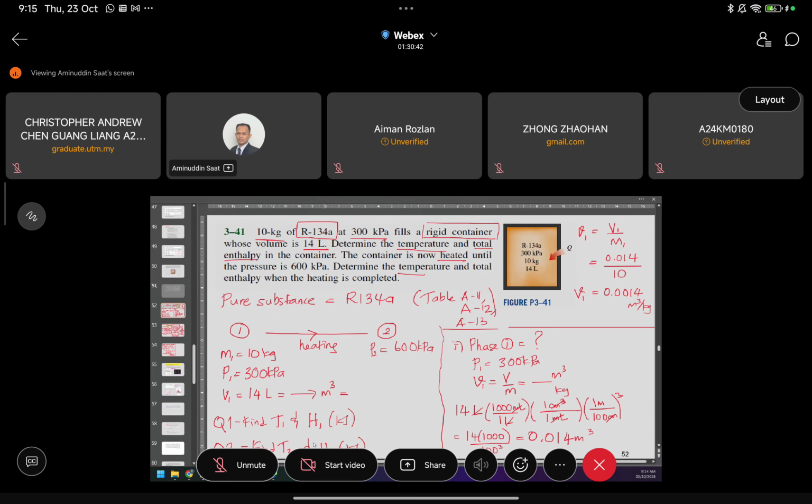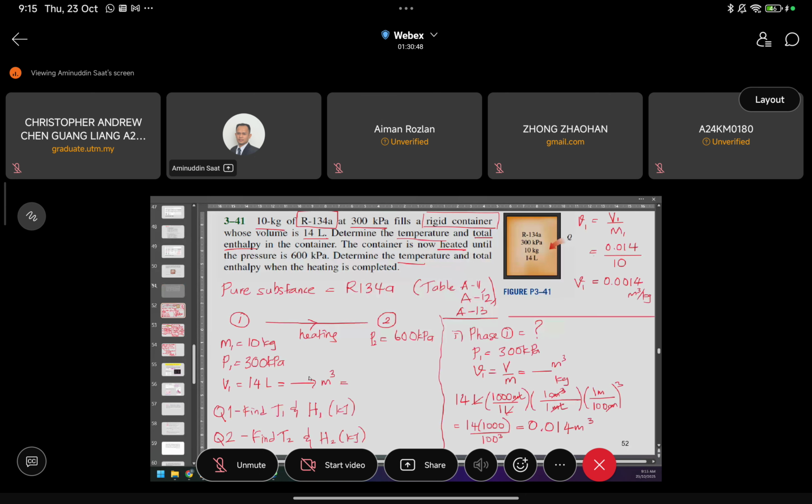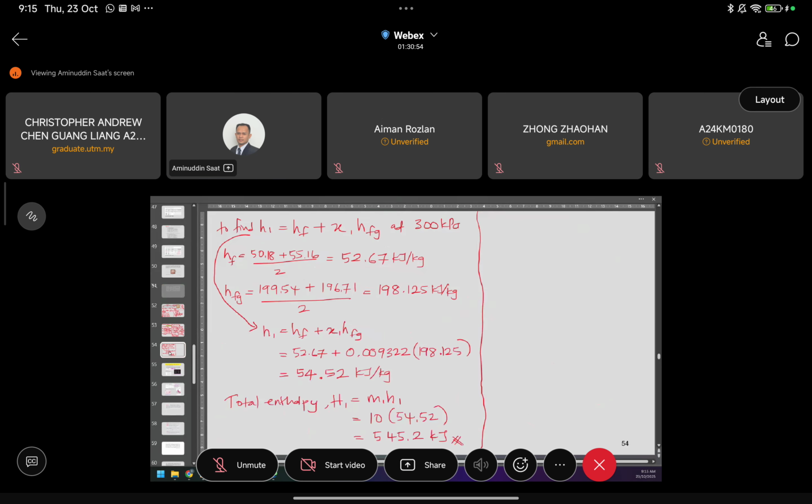So if you look at the problem, if I write again the first, you have P1 300 kilopascal, you got P2 600 kilopascal, you got V1 14 liter, you got M1 10 kilogram.